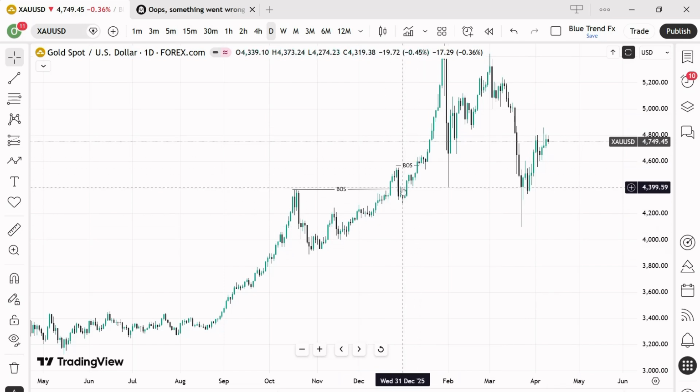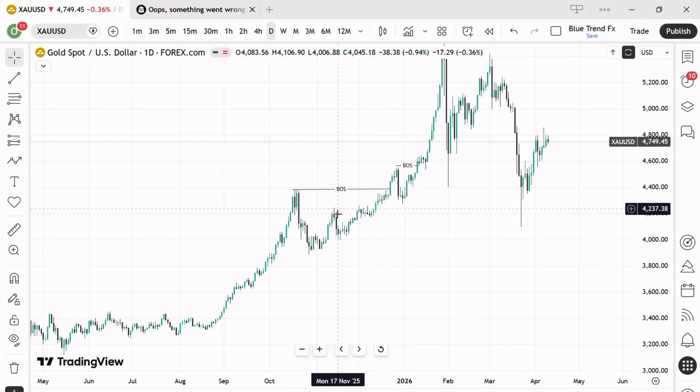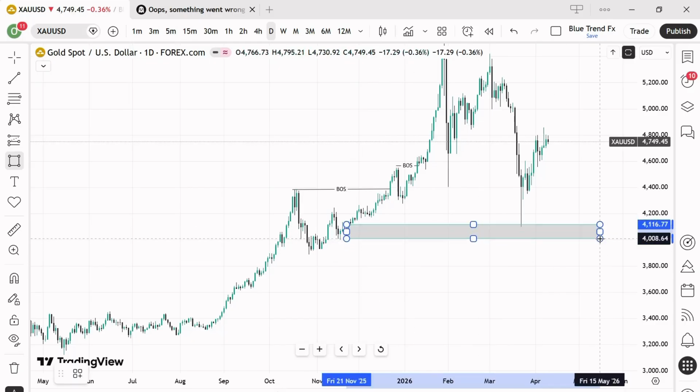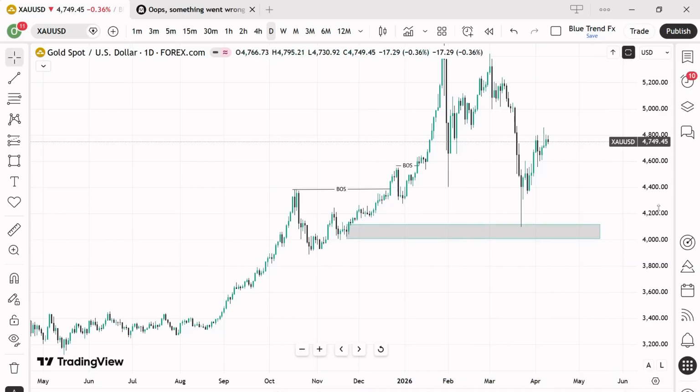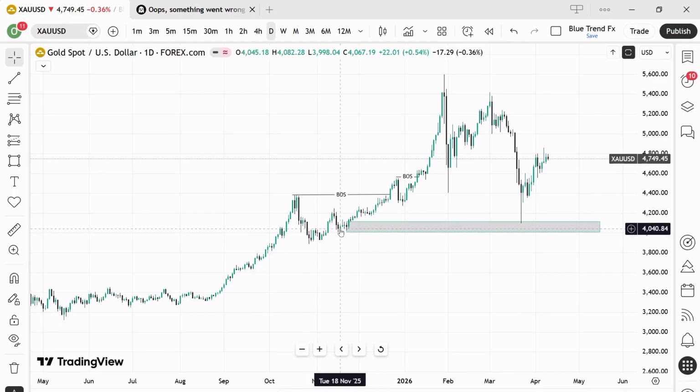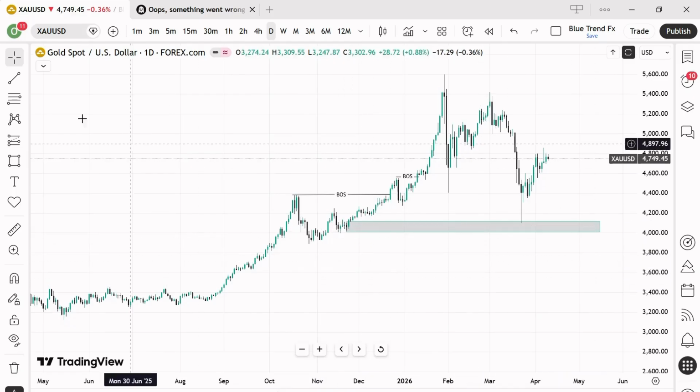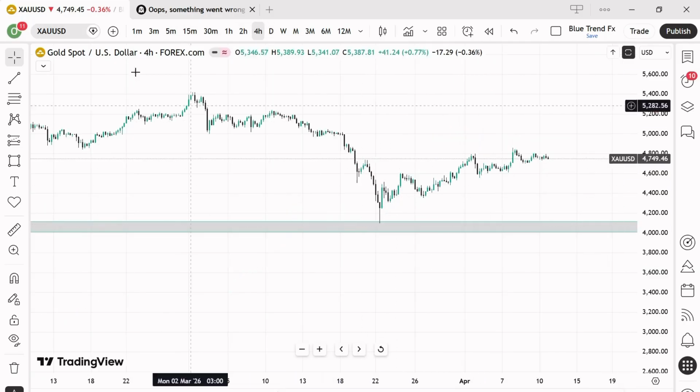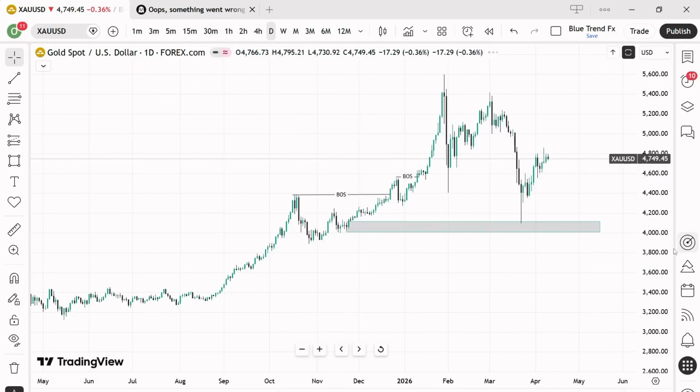So it's considered inducement for this break of structure. And to back that up, we can see the market came in here to tap into this demand level.